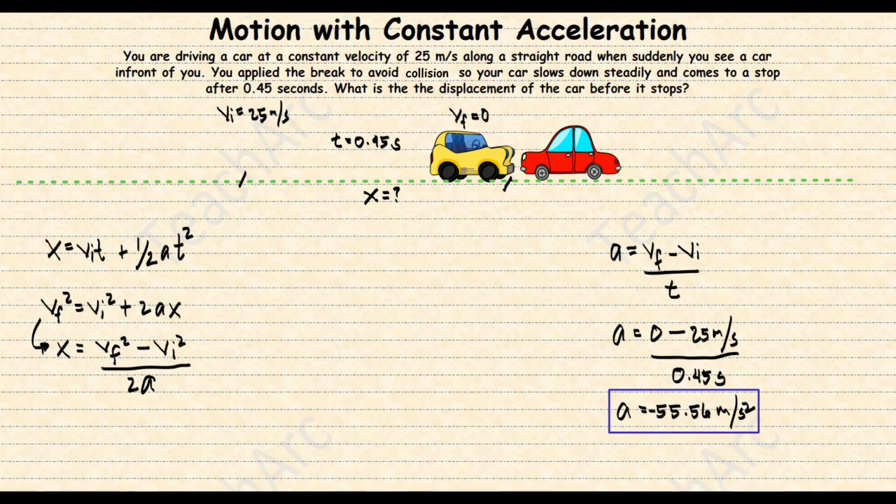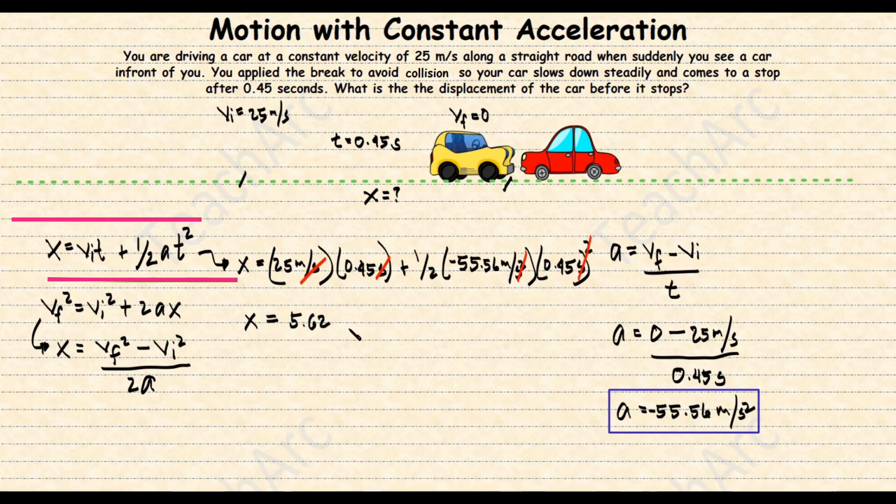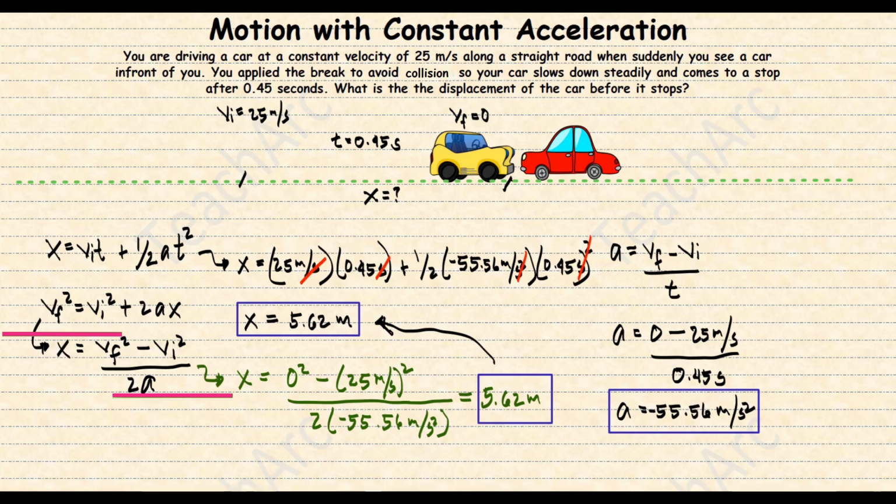Now plugging that into our first equation right here, we will get a displacement of 5.62 meters. Now if we use the other formula, you will get the same thing. And by the way, our displacement is positive, just like what we predicted.